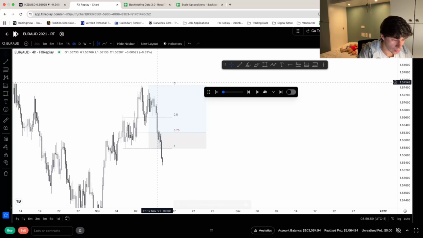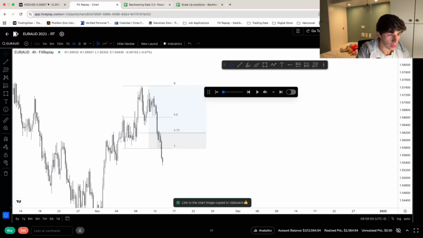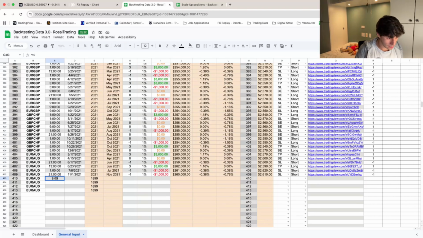Stop loss. November 12th. We're currently in a 3-trade losing streak.